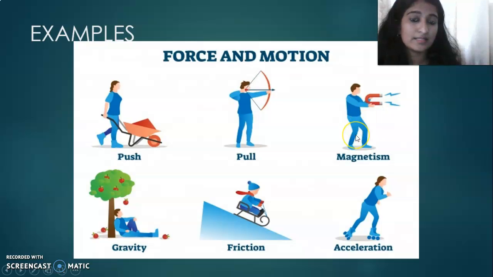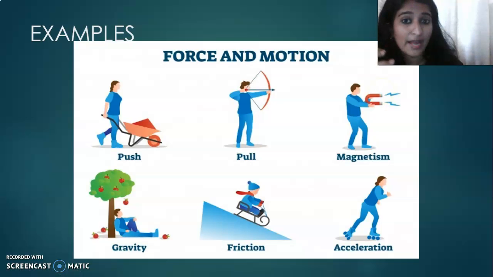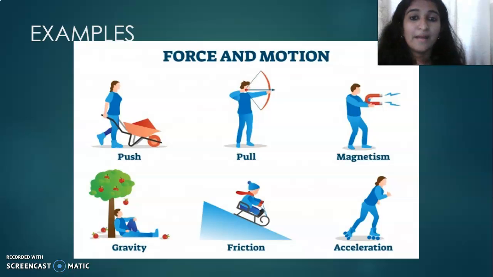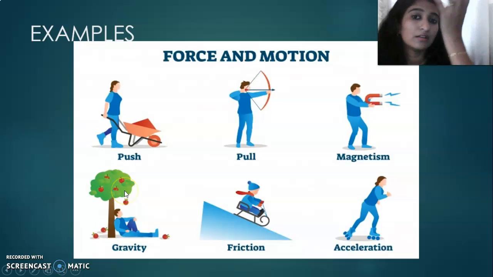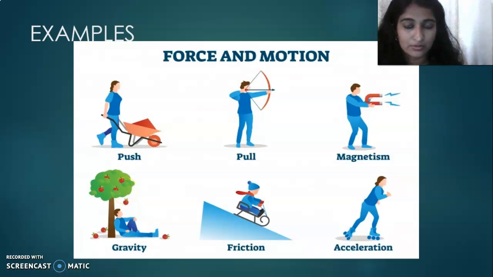And this is a magnet. You've seen a magnet which attracts iron pieces. The magnet attracts iron objects. It is also a force. When someone is sitting under a tree, an apple falls towards the ground.